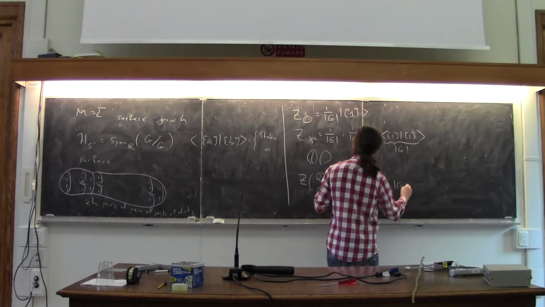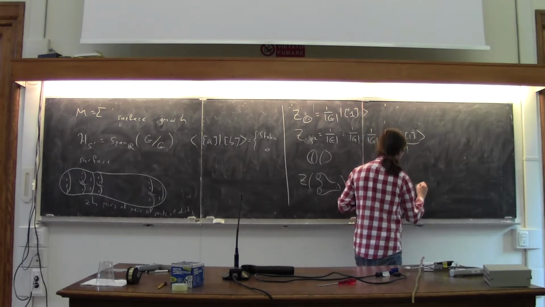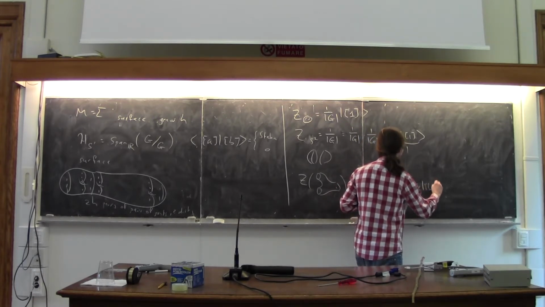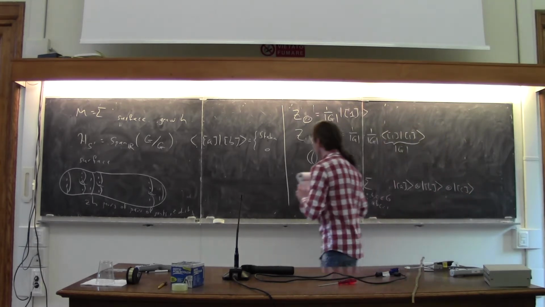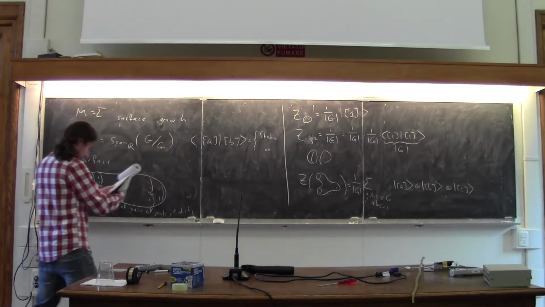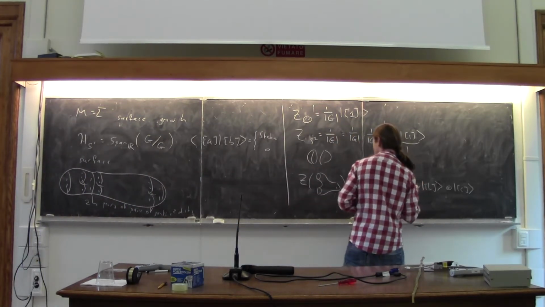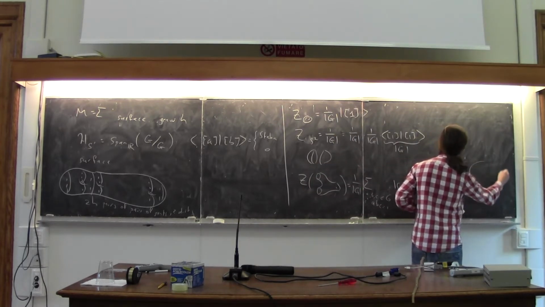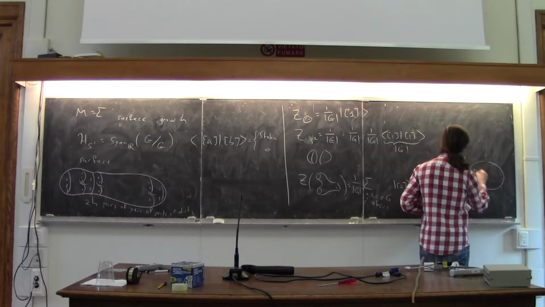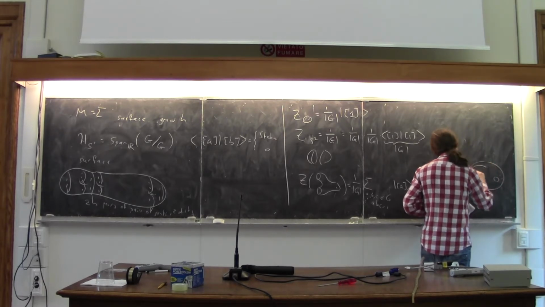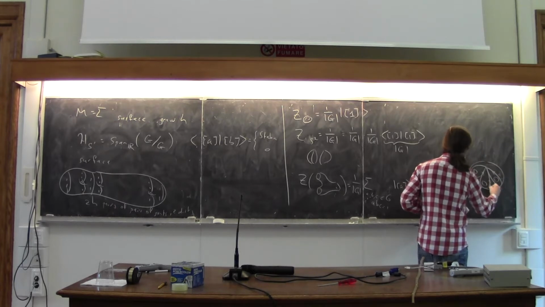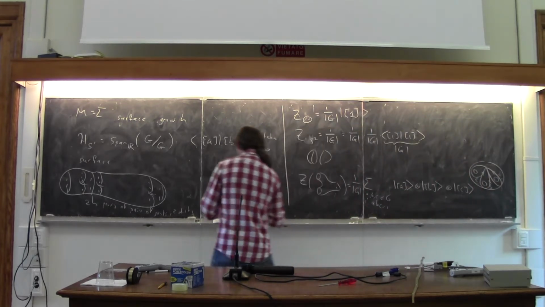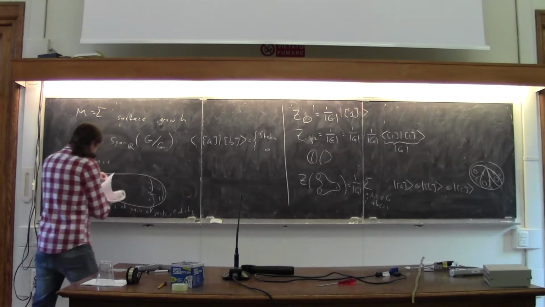So that's the product of these 3 vectors associated to the classes of A, B, and C. And this corresponds to this presentation of the fundamental group of the pair of pants with these generators, so this whole should be A, B, and C.